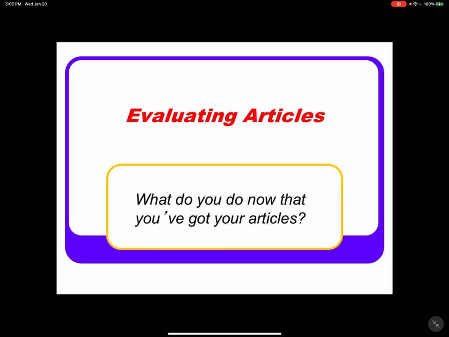So what do you do now that you've got your articles? And this always reminds me, when I was a little kid, we had a dog named Bruno, and Bruno was a full-size dachshund, and Bruno was the greediest dog I've ever known. He was a crazy dog. And we also had a doggy door in the back of our house, the little door that the dog can run in and out of the house to the backyard, so they can do whatever dogs do in the backyard.